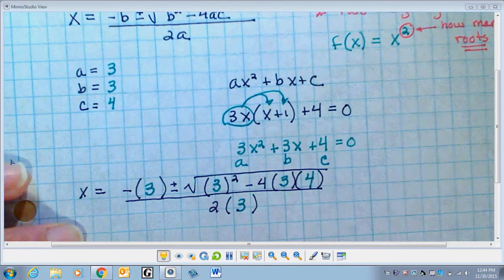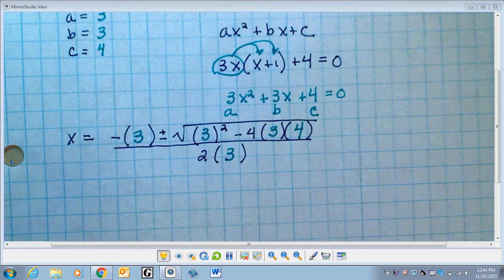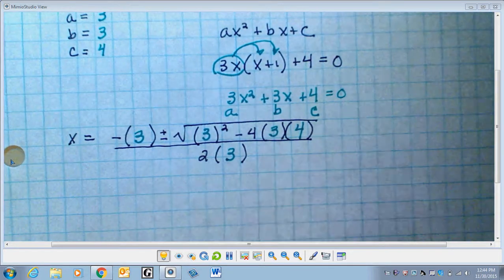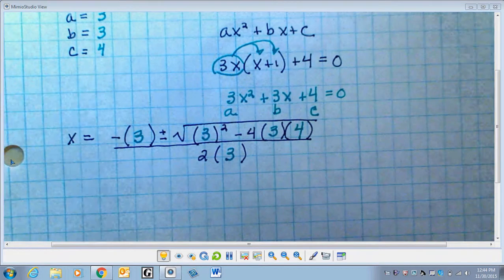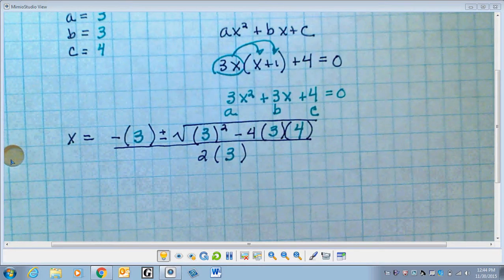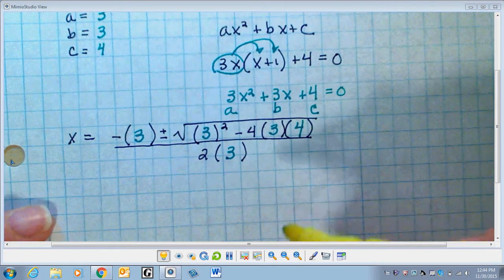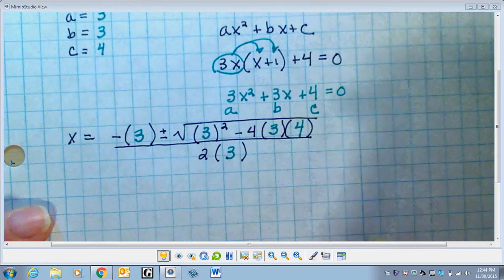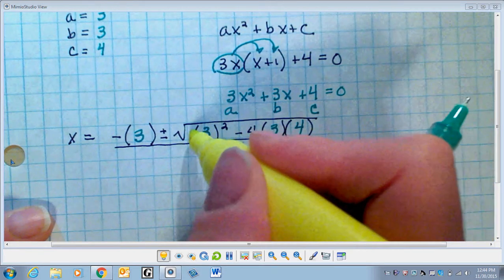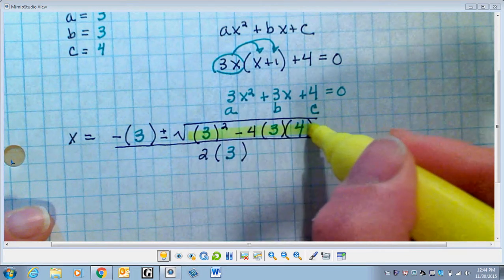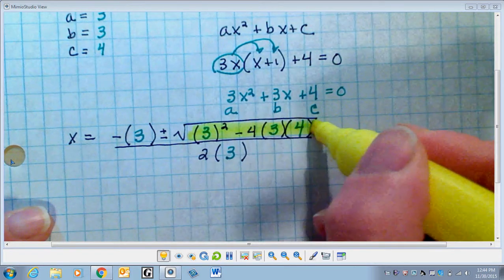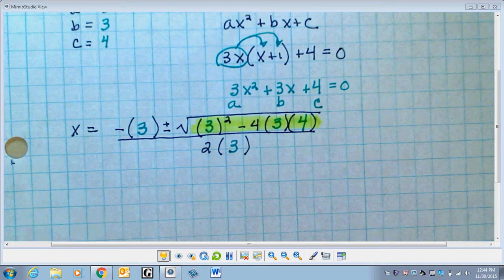Okay, so we don't want to just throw that whole thing in the calculator. We're going to actually do this in parts because I do not want to get any decimals or funky numbers. I haven't worked this out, so I really don't know what the number is going to look like. But what we're going to do first is do what's under the radical. Notice it says under the radical.